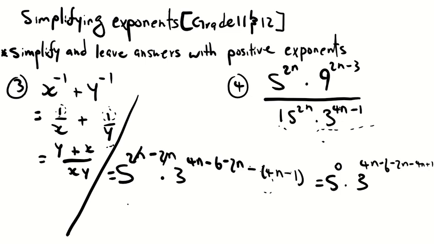We had 4n minus 6 minus 2n minus 4n minus 1. So we were left with, this is supposed to be 6n. This number here is supposed to be 6n, but for some reason I didn't write it as 6n.